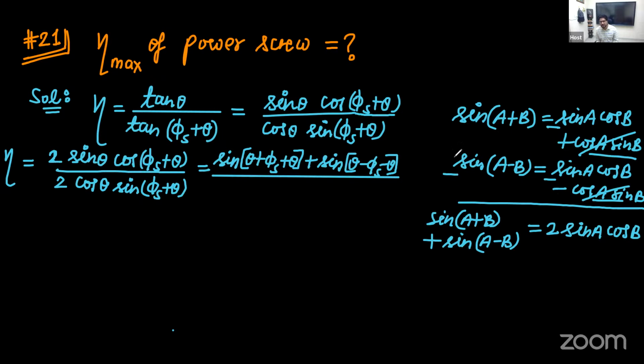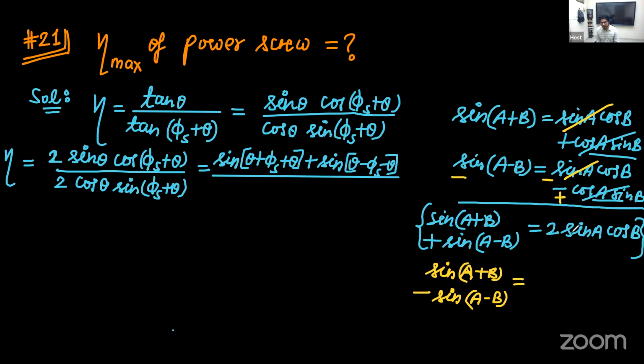If I add these two, I get 2 sine A cos B. And if I subtract these two, then the first term would be cancelled, and I get sine A plus B minus sine A minus B, where cos A sine B and cos A sine B get added, and I get 2 cos A sine B. So 2 cos A sine B can be replaced as sine A plus B minus sine A minus B.